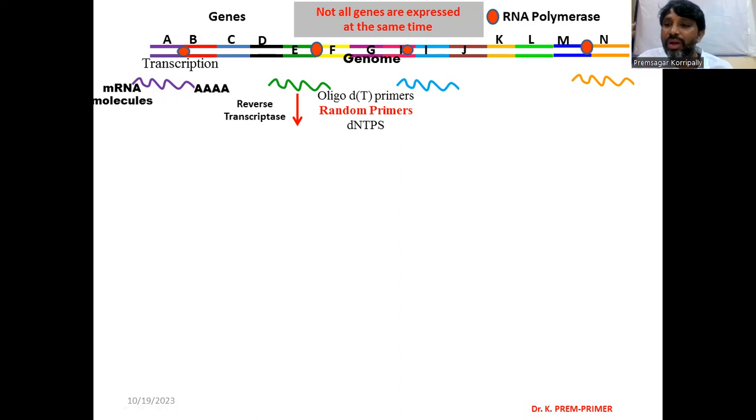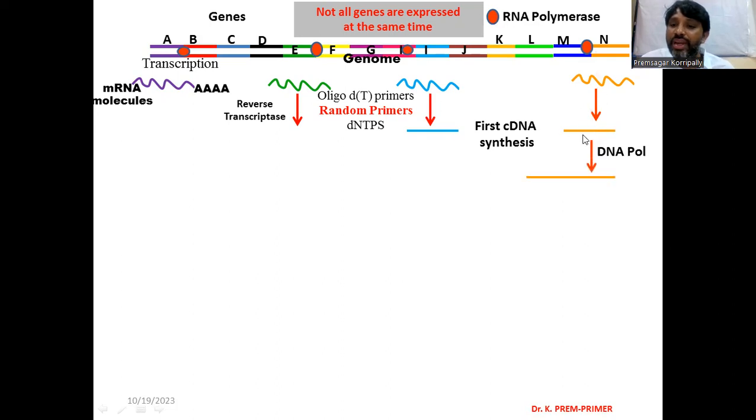Oligo dT primers will bind to the poly A tail of mRNA, right? And random primers can bind wherever they are complementary; they are hexamers. Once the primers are bound to the mRNA, reverse transcriptase catalyzes the synthesis, copying the mRNA into a DNA molecule. You see? This is the first strand of cDNA synthesis, right?